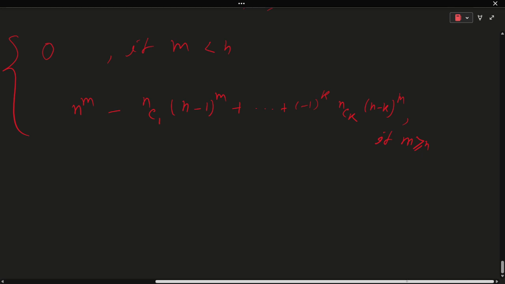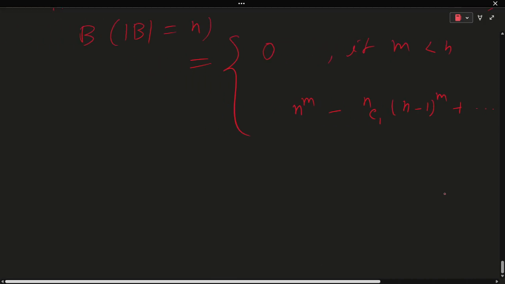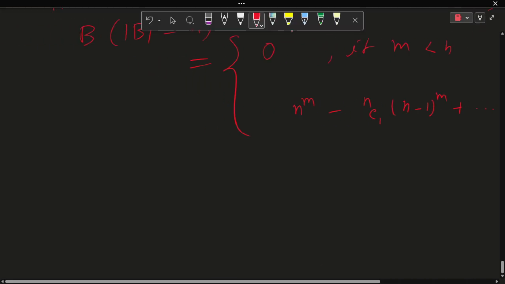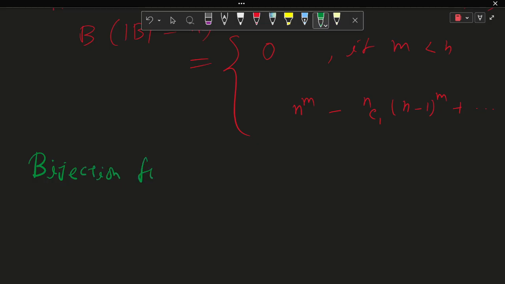The last one is the bijection function, or mapping.